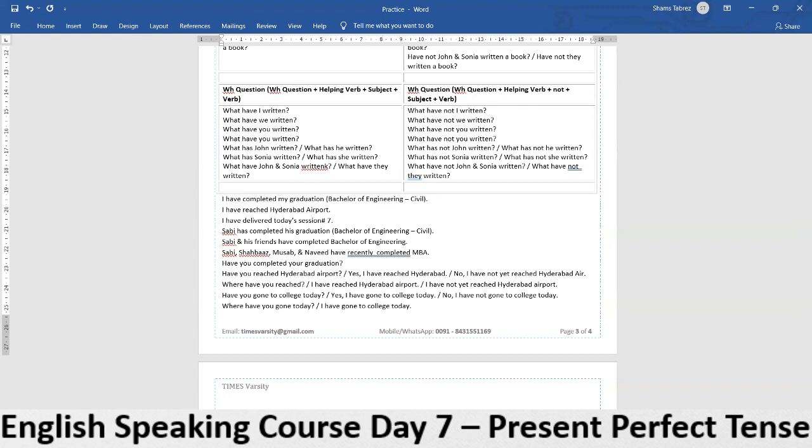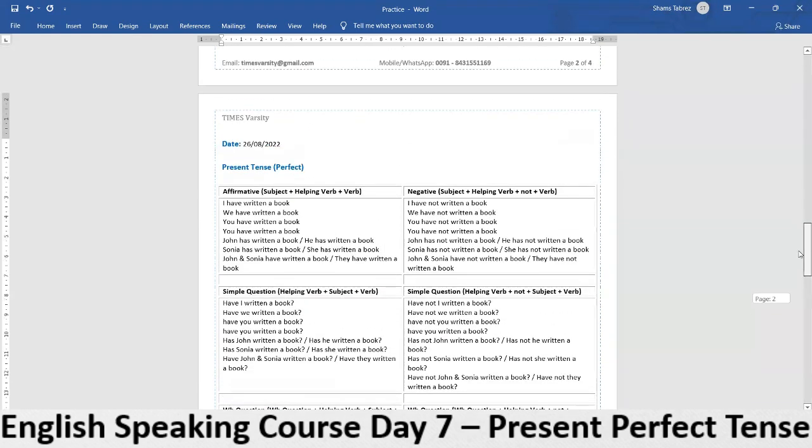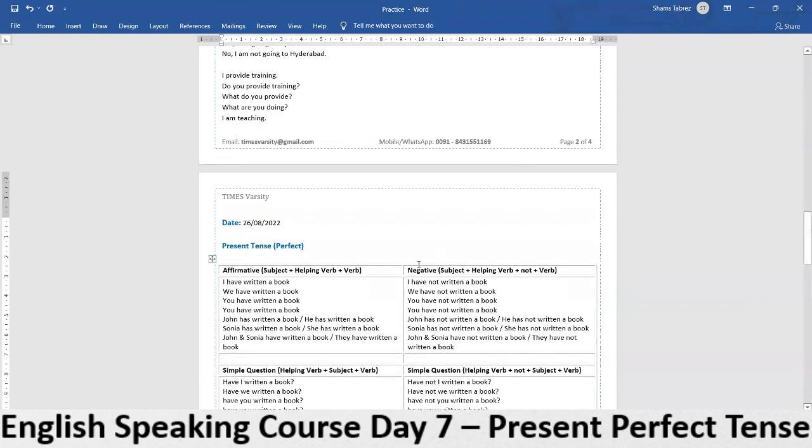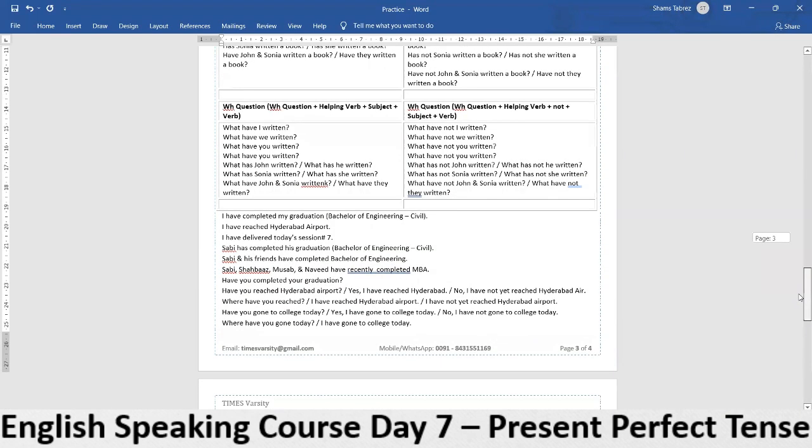In this way, we can make sentences. We are still in present tense, so it is in the perfect tense, where the work is completed. Whatever is expected, that is done, or whether it is not done, it is in the perfect tense.